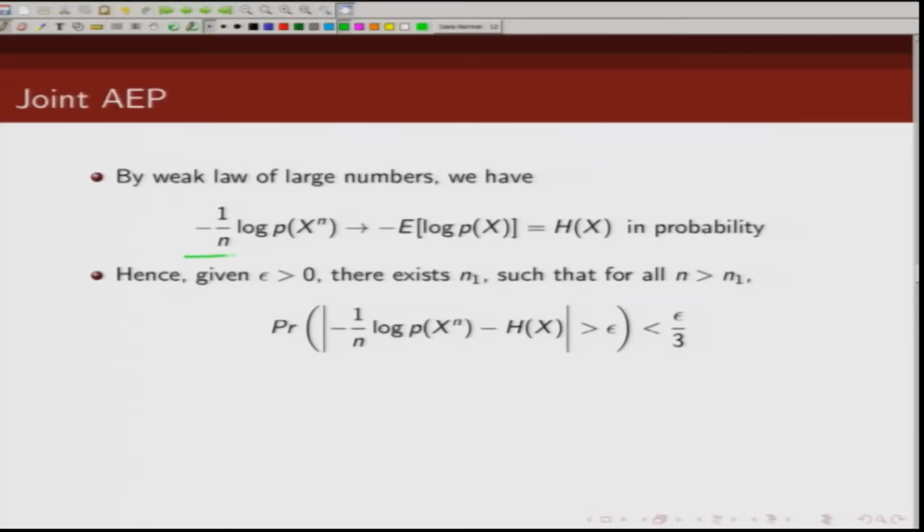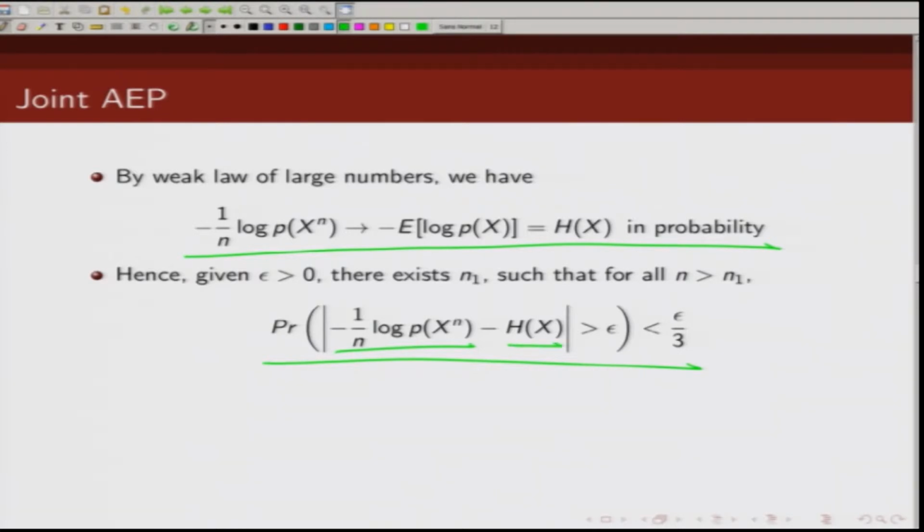Equivalently, I can write the same condition like this. So the probability that the absolute difference between the expected value of minus log of p of x and the true entropy is greater than epsilon is less than some small epsilon, let's call it epsilon dash 1 or something like that, which we are choosing as epsilon by 3.